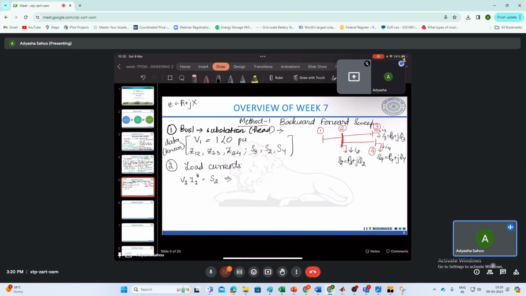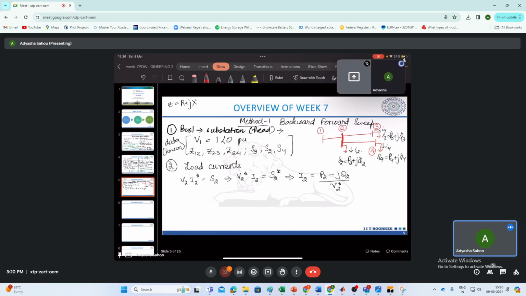So if I take conjugate both sides, this is V2 conjugate, I2 conjugate of conjugate will cancel out, and you get S2 conjugate. So from here I will get I2 as, S2 conjugate means it will be P2 minus JQ2 divided by V2 conjugate, right?